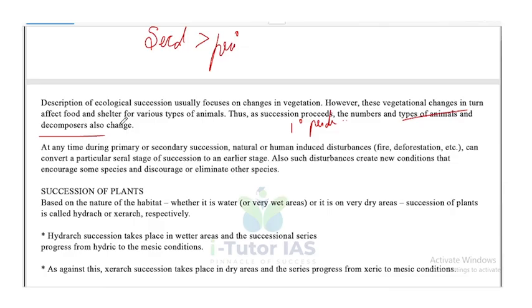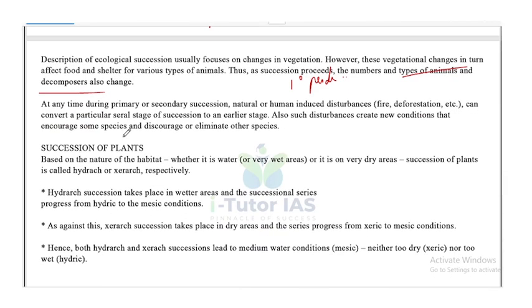At any time during primary or secondary succession, if natural or human-induced disturbances happen, they can convert the seral stage of succession into an earlier stage. Also, such disturbances create new conditions that encourage some species and discourage or eliminate other species.